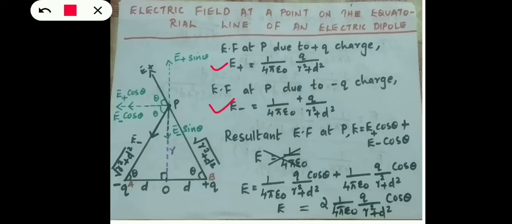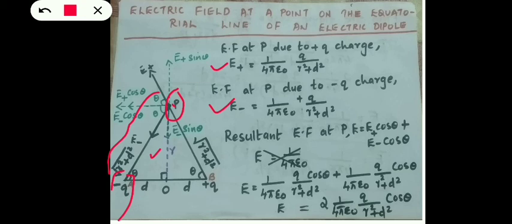Again, because this is the point P and this is minus Q charge and this is the distance between the minus Q charge and the point P. Again, this side forms the hypotenuse of this particular right angle triangle, and the hypotenuse is obtained by the expression square root of R square plus D square. And when we square that distance, what will be the expression? Simply R square plus D square. And here we haven't substituted minus Q because we are just finding the magnitude of that electric field. So that's why we didn't substitute minus Q here.